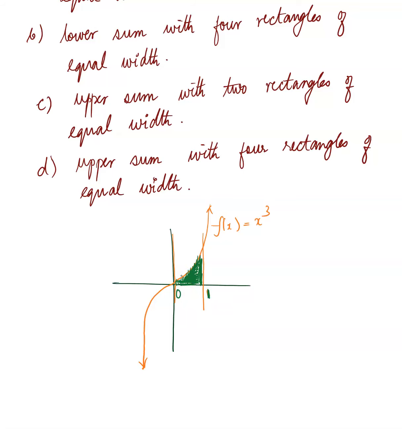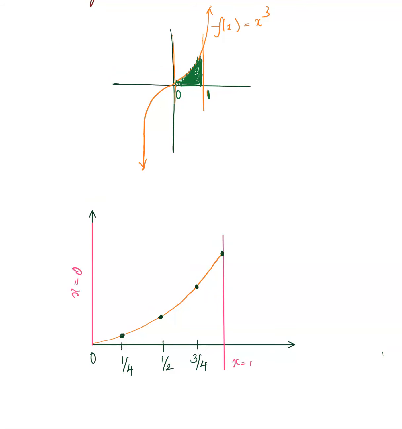So I'm going to give you a zoomed version of this region. So here you see the zoomed version. I have not constructed the rectangles yet because I'm afraid you'll get too cluttered. So what I did was I just marked these positions here, okay? And what happens is, if I were to do the upper estimate, because that was one of the questions, then I would go above the curve to construct my rectangles, right? So I'll just show that to you here.